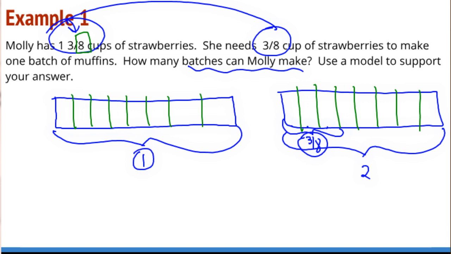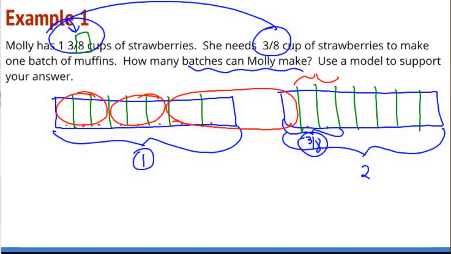So let's see here. 1, 2, 3. There's a group of 3/8. There's one batch. 1, 2, 3. There's another batch. 1, 2, 3. There's another batch. And then I've got 2 pieces left over. So I know that I can make 3 whole batches.